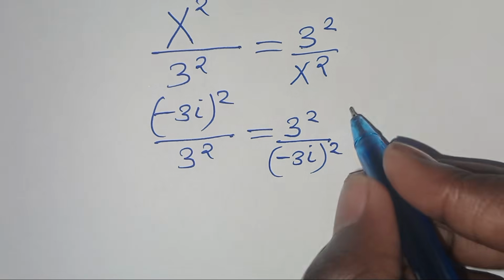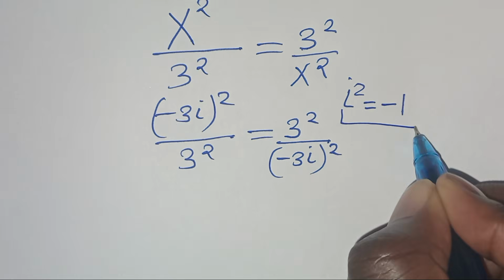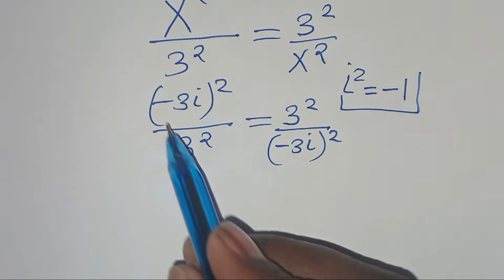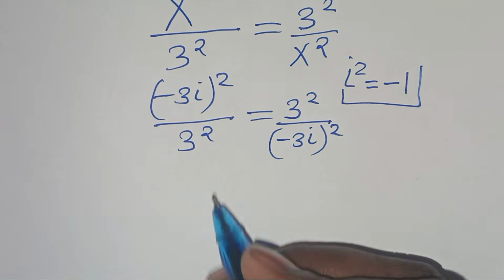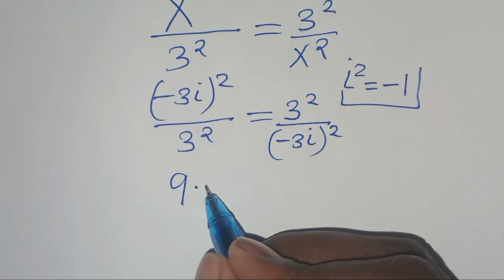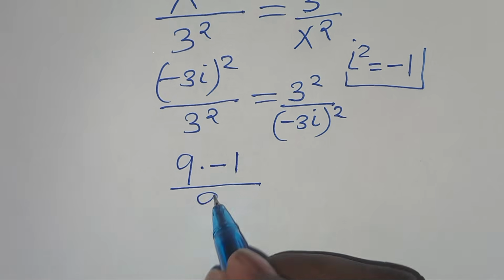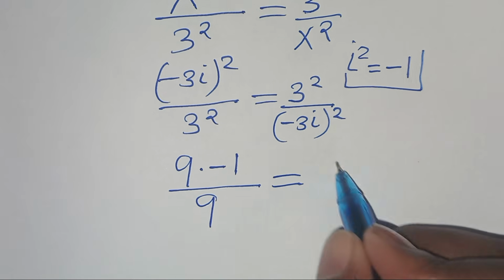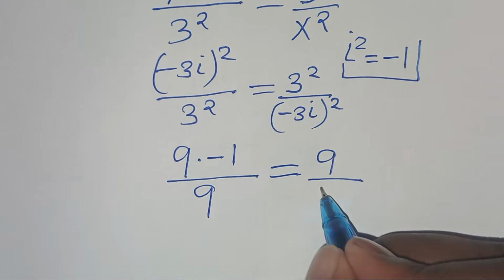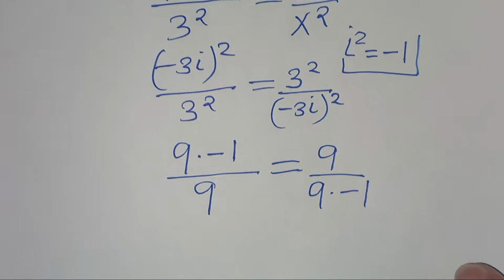Now we have that i squared is equal to negative 1. So minus 3 squared is 9, and we have 9 times i squared, which is minus 1, divided by 3 squared, which is 9. This is equal to 9 divided by 9 times i squared, which is minus 1.